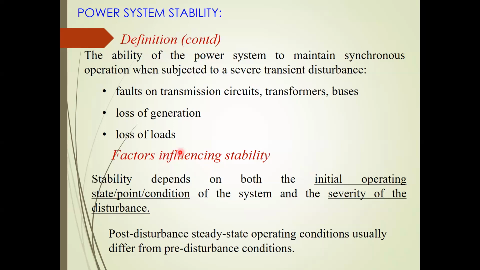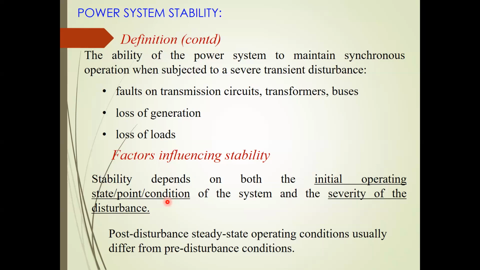So it is very important to understand what are the factors which influence the stability. In fact, stability depends upon the initial operating condition. That means your initial operating condition with the generator and the load was at full rated value, or the generator was just at 60% loading, 70% loading, or 80% loading.